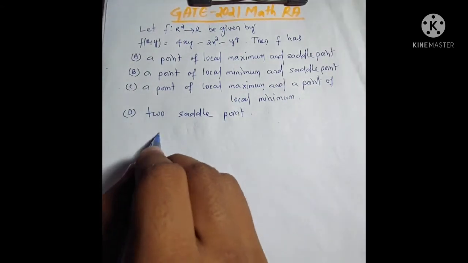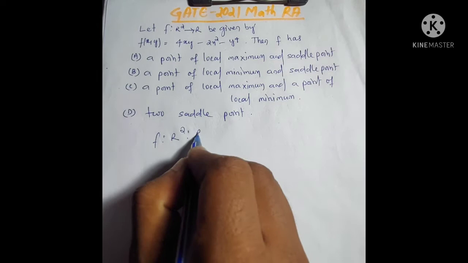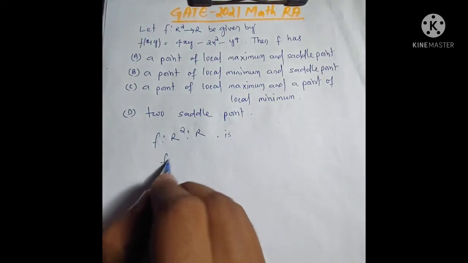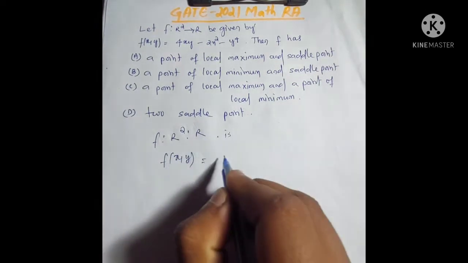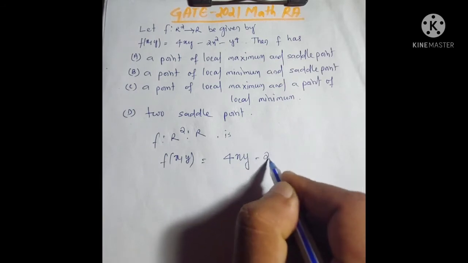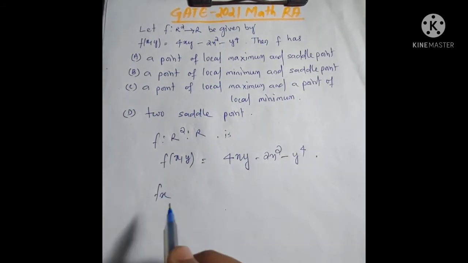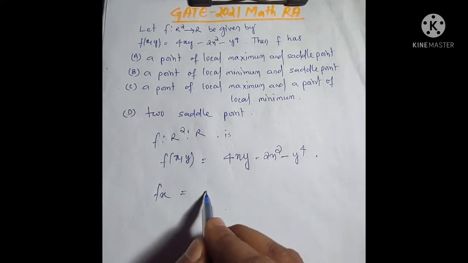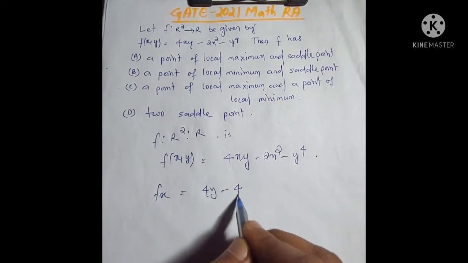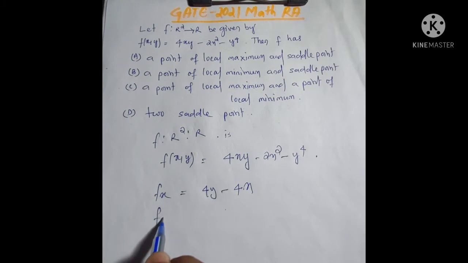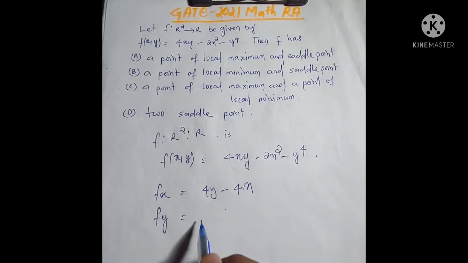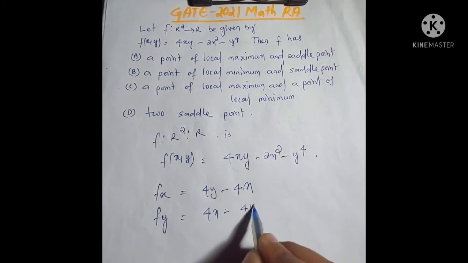Here, the given function f from R square to R is f of x, y is equal to 4xy minus 2x square minus y to the power 4. Now, the partial derivative with respect to x is equal to 4y minus 4x, and the partial derivative with respect to y is equal to 4x minus 4y cube.